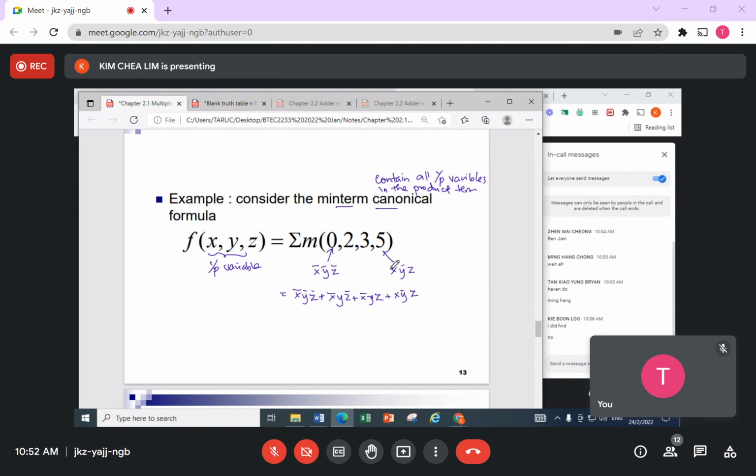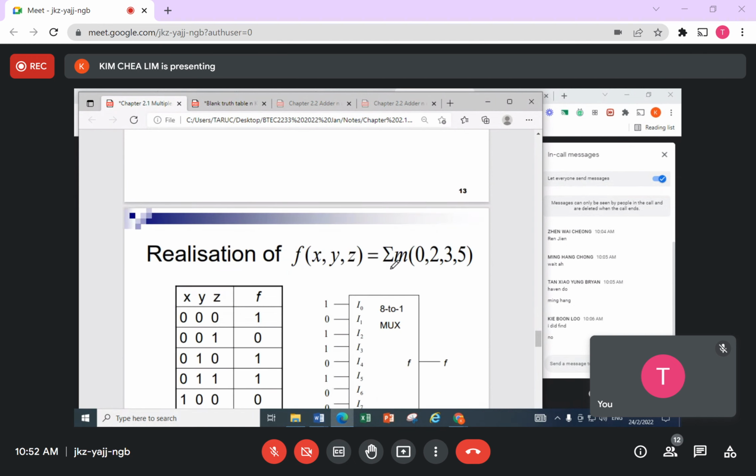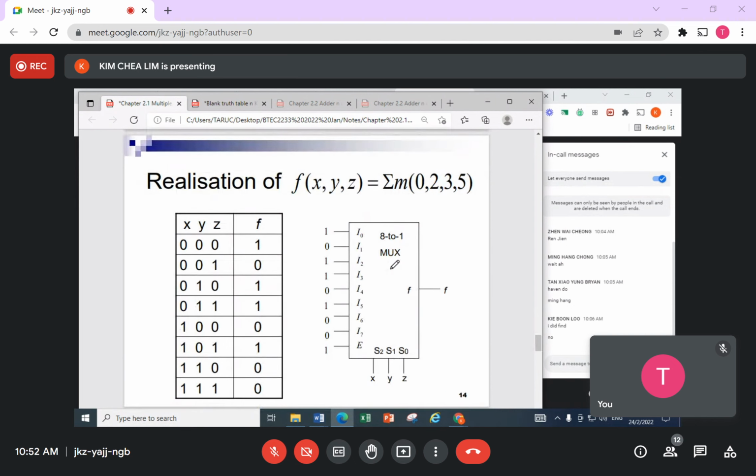All right, then you find out now, if you are familiar already, you can actually skip these steps. If not, try to recall how I am going to build my truth table for this particular function. Because of 0, 2, 3, 5, this is min-term 0. M stands for min-term, small letter m.